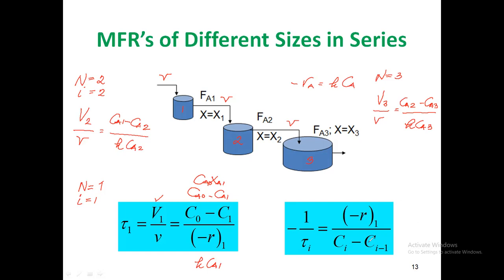Do you have any question as to how you write the individual performance equation for MFRs in series and unequal in sizes? Okay, none anymore.